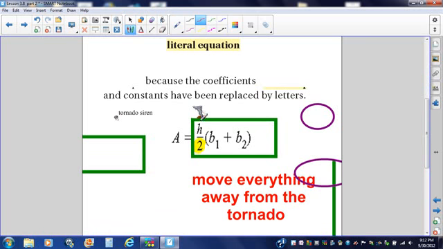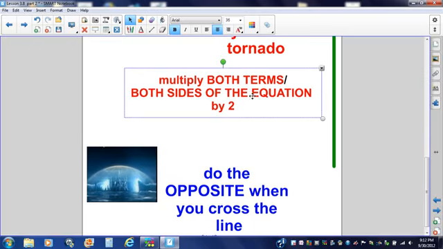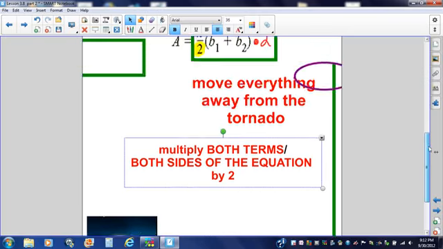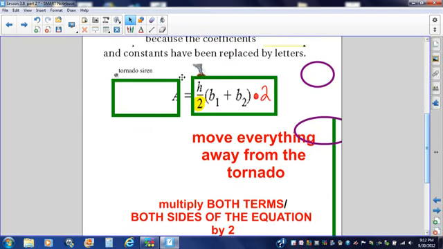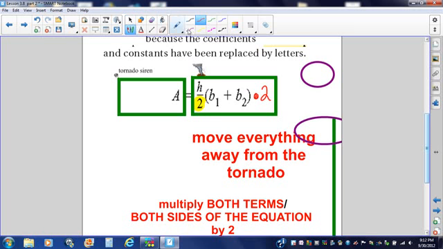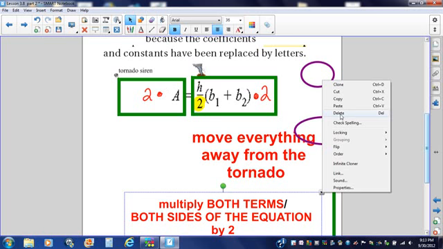This is all one term, and I'm going to multiply it by 2. Remember, you multiply both sides of the equation by 2. So over here, I'm going to have to multiply by 2 also. Whatever you do to one side, you have to do to the other. Multiply both sides of the equation by 2.